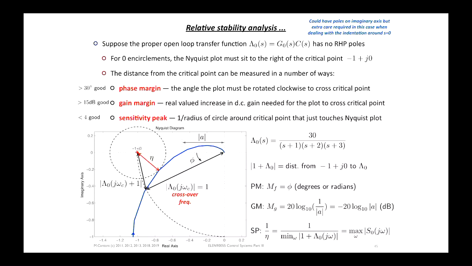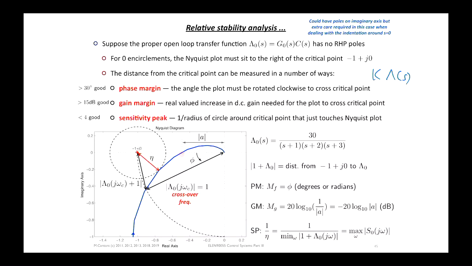All right. Another way is in terms of the gain margin. And this is now thinking in terms of how much can I scale lambda by, right, before I end up with a point on the critical point. Right, so the frequency here will not be the crossover frequency, it'll be some other frequency, the frequency at which lambda has a phase of -pi, right?